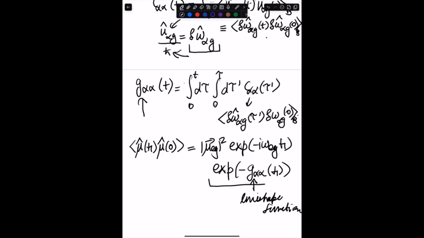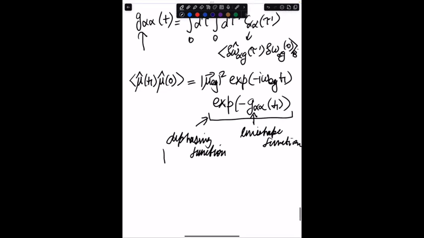So the entire thing, exponential minus this thing, is the dephasing function, and this dephasing function was calculated, just to recall, under the second order cumulant approximation framework.